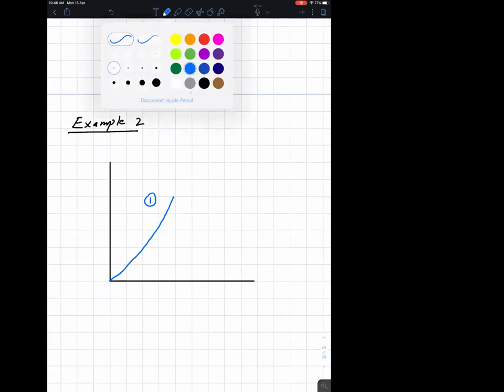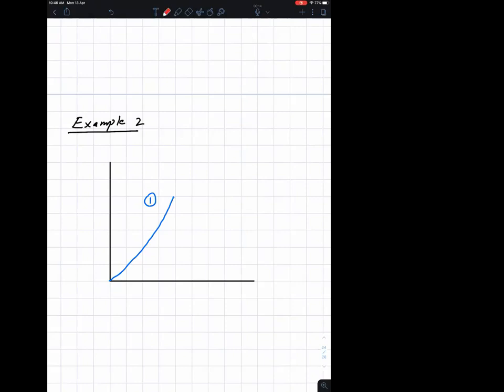Then you have another curve. You have a signal that's made of 3 different equations. Then you come here. Call this equation part 2.